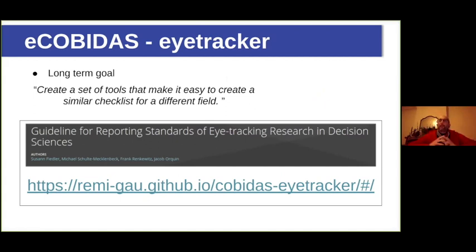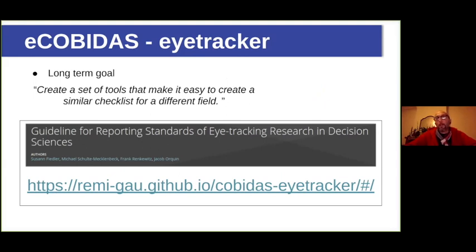Another thing that's important to mention about the eCOBIDAS project is that the goal is not necessarily just to create a tool for fMRI and MEG. The idea is to create tools to generate that type of checklist, but that should be more sort of not domain specific.